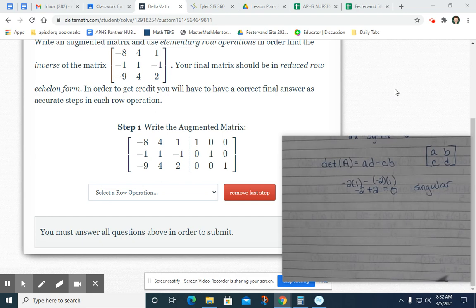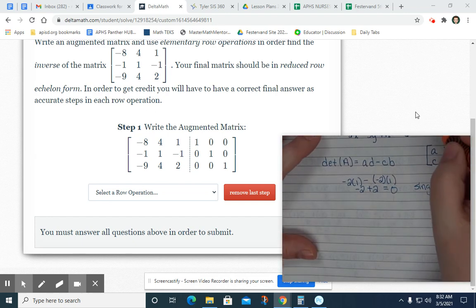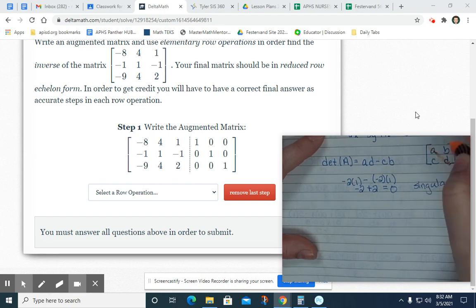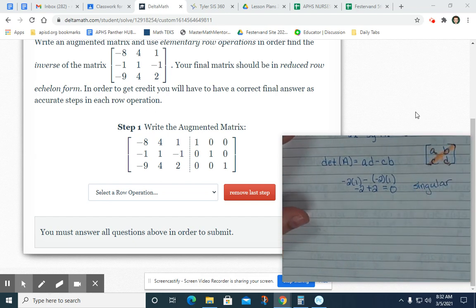So we're going to multiply across the diagonal and subtract. Okay, so 0. If yours comes out to 0, so did mine.